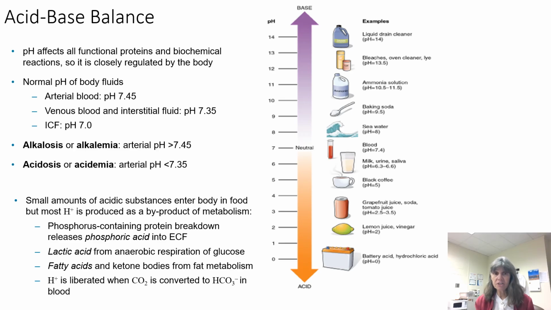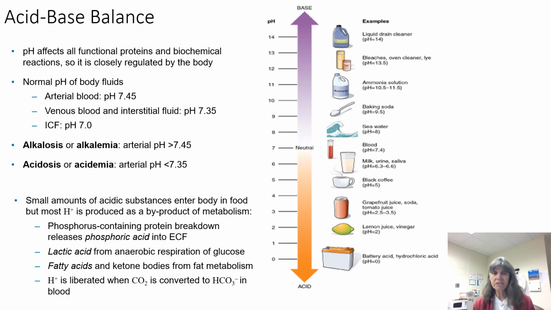The normal pH of body fluids that we've listed on this PowerPoint slide include the pH of arterial blood, which is normally at 7.45, the pH of venous blood and interstitial fluid, which normally measures at 7.35, and intracellular fluid is actually measured at a pH of 7.0.